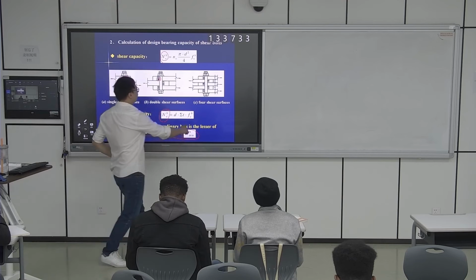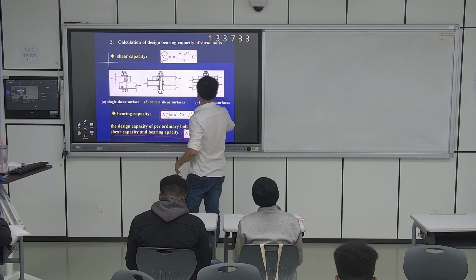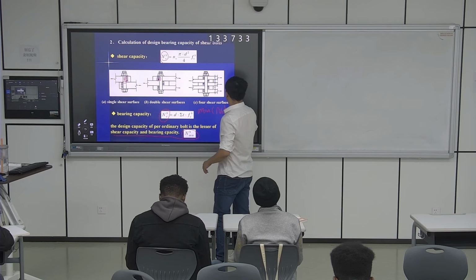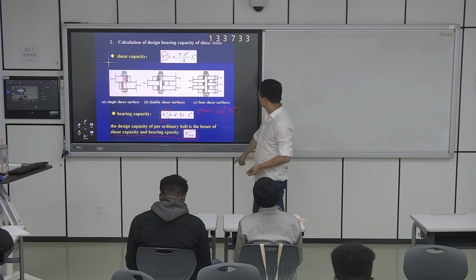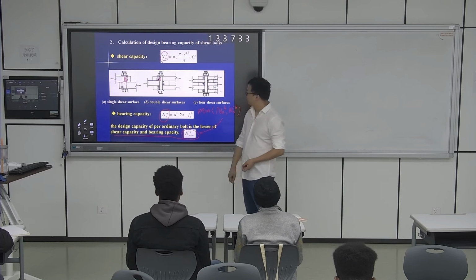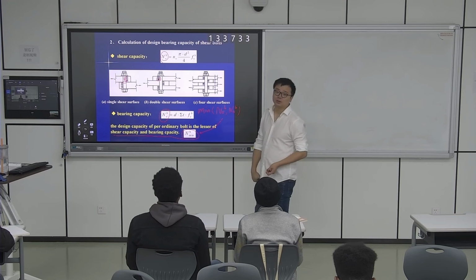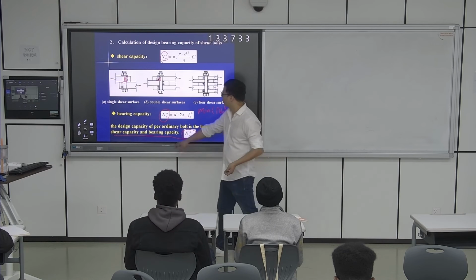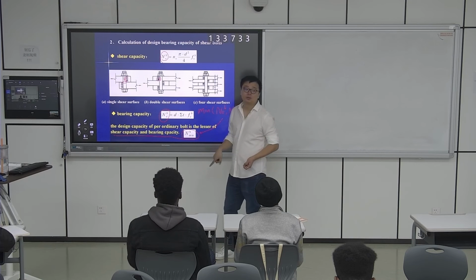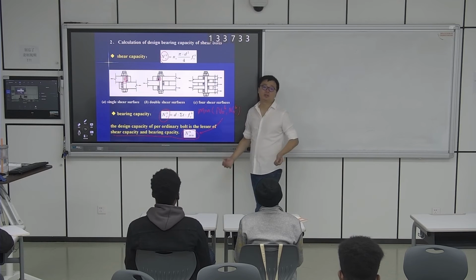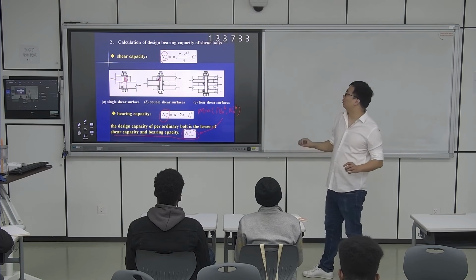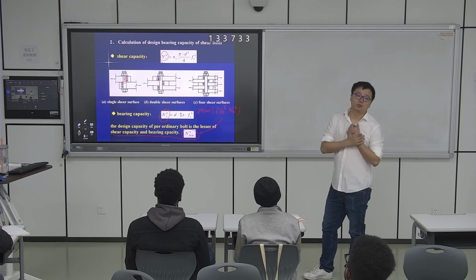We choose the minimal value for NVB or NCB. This one means the bearing capacity of a single bolt. For the bolt, they have more force applied here. Clear?